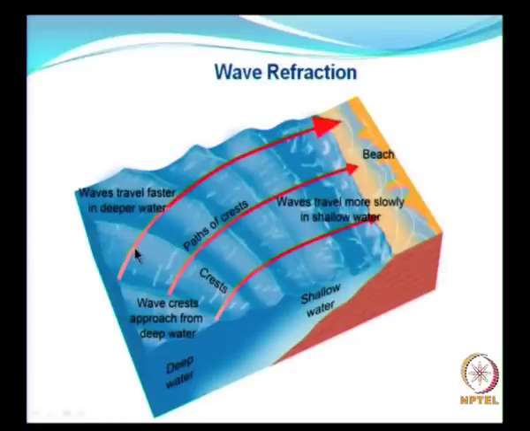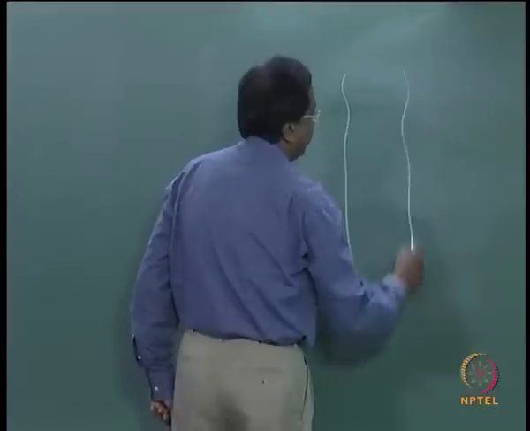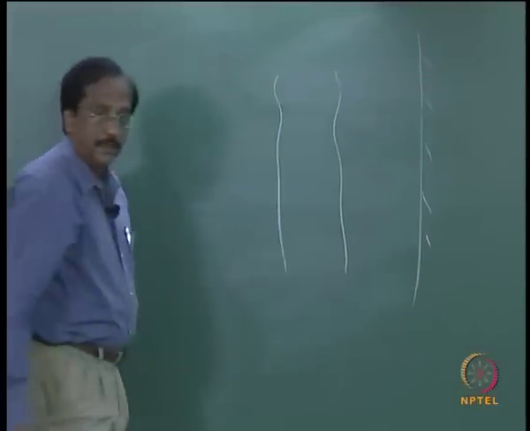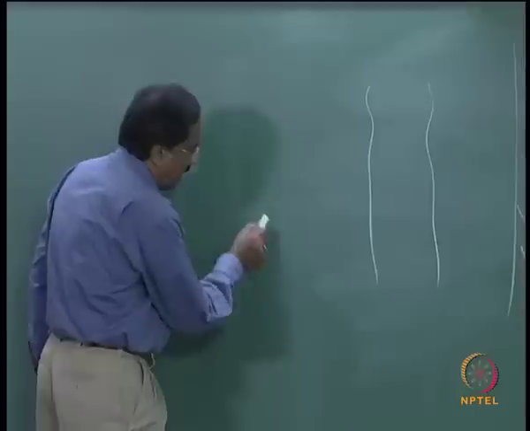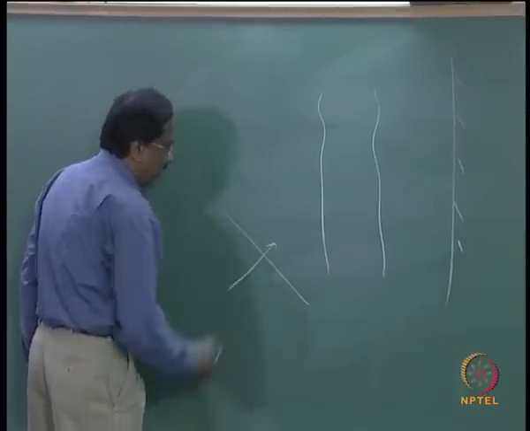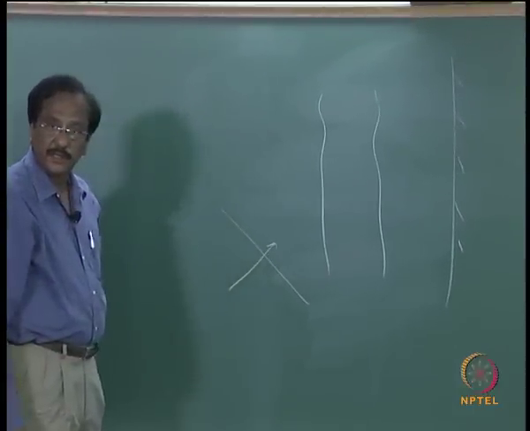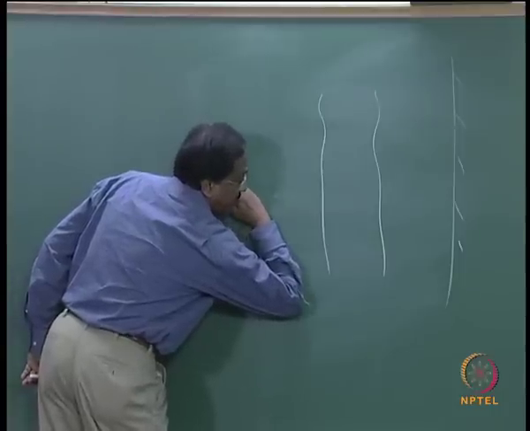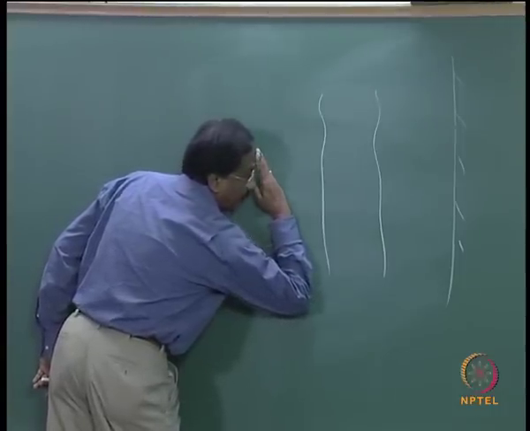What is it trying to do? When the waves are moving, it tries to move faster and align parallel to the depth contours. For example, look at my hand. When the wave is moving in deep waters, it will try to move like this.